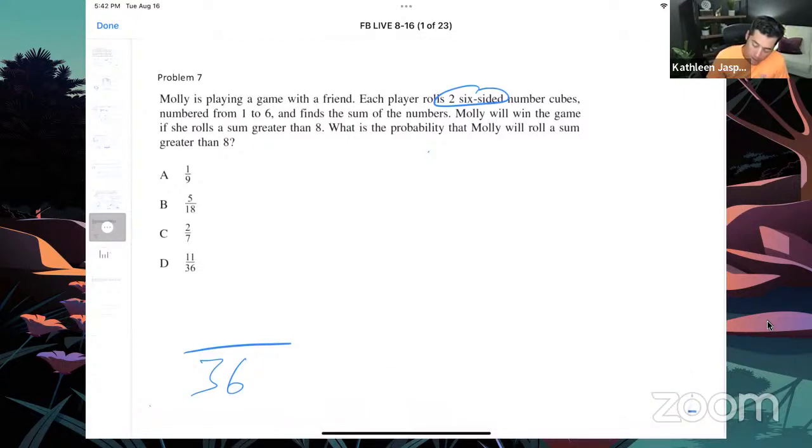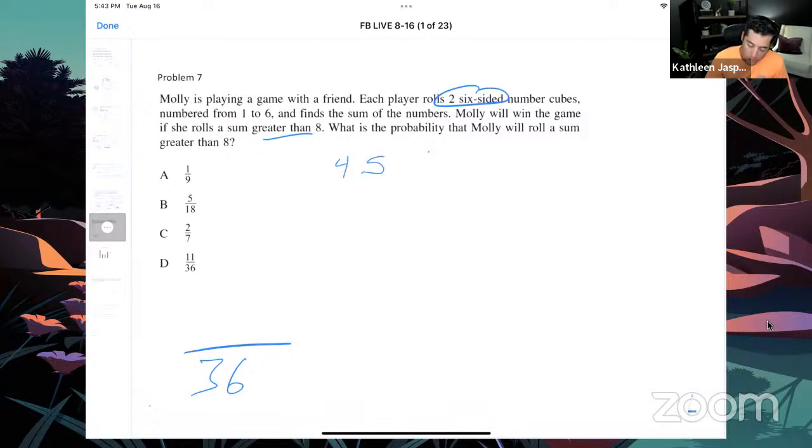So in order to get a sum greater than 8, not 8, but greater than 8, with numbers 1 through 6, how can I make a number greater than 8? Well, the next number greater than 8 is a 9. I start with low numbers. The lowest numbers I can use are 4 plus 5.